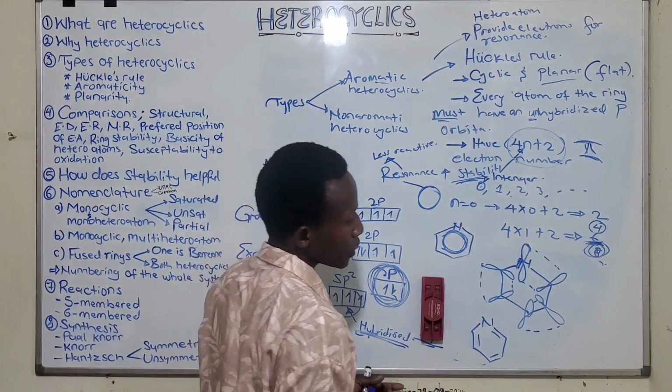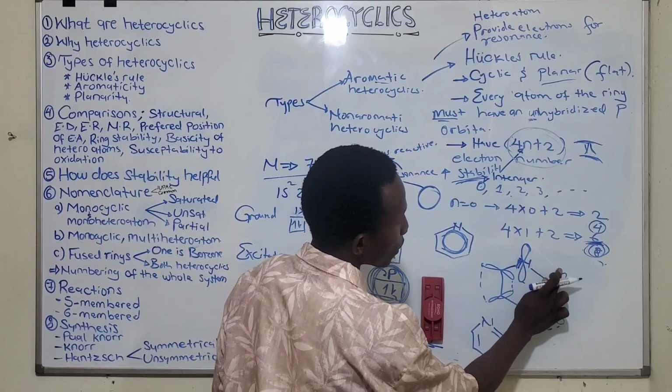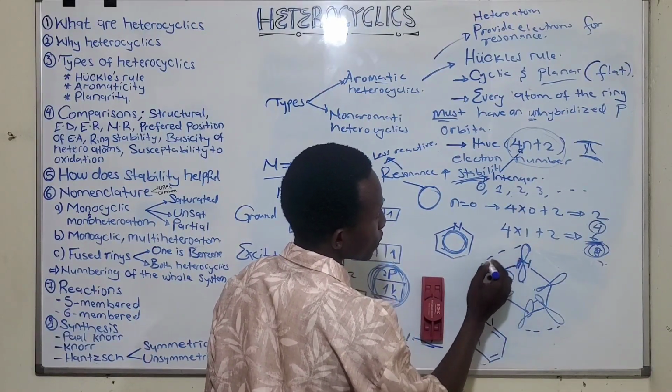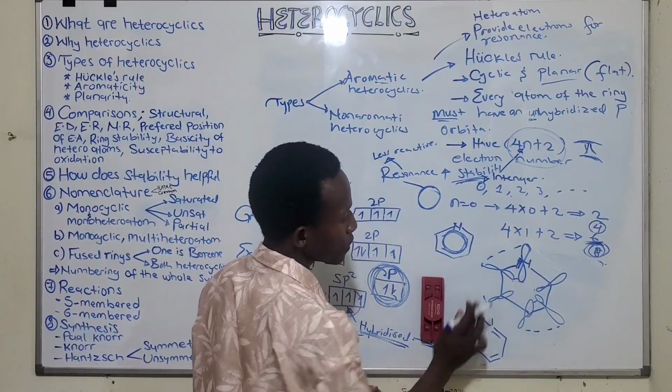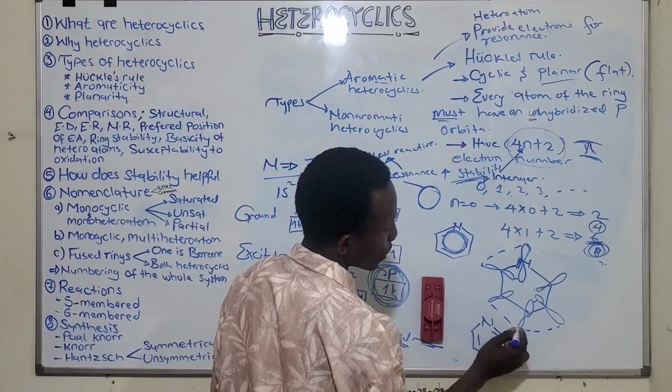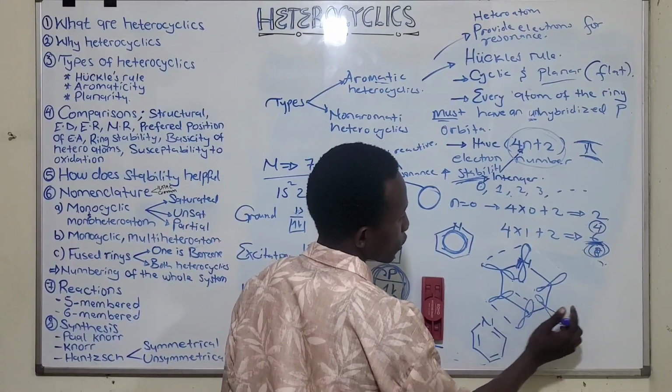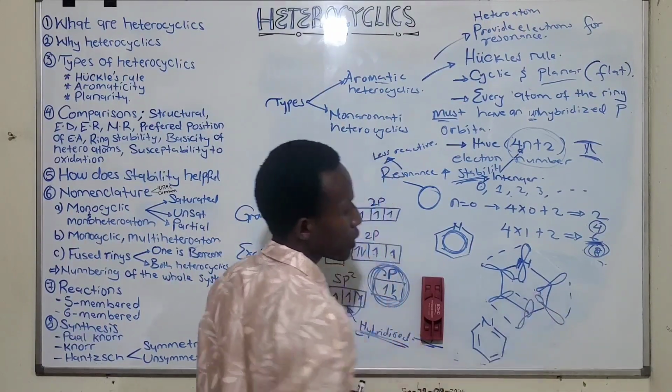But again, it can change. Instead of this one forming a bond with this one, it can change and form a bond with this one, and also downwards. Then this one forms upwards and downwards. Then this one forms with this one, like that.